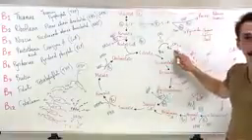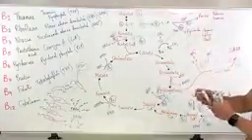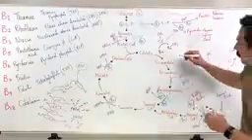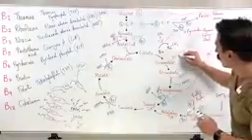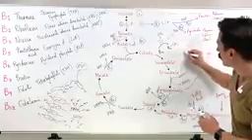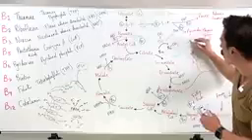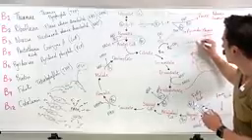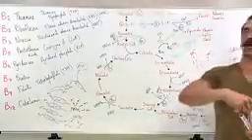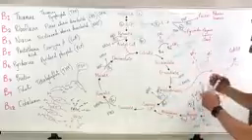But what does B12 do? Well, importantly, B12 takes homocysteine and gives it that methyl group to produce methionine. And methionine is very important for a whole range of things in the body.